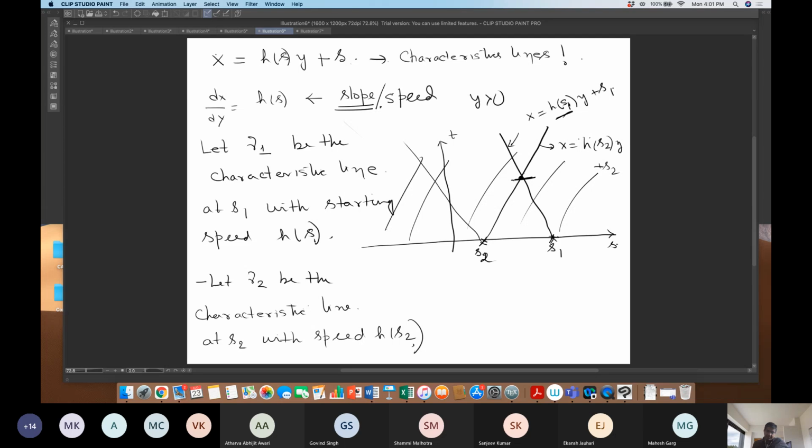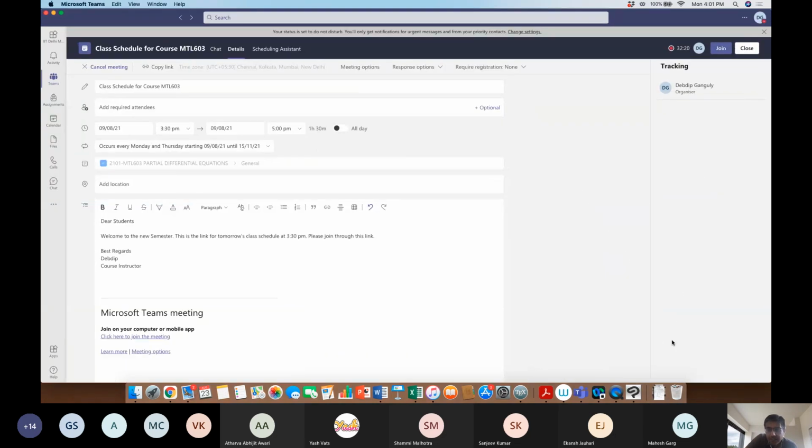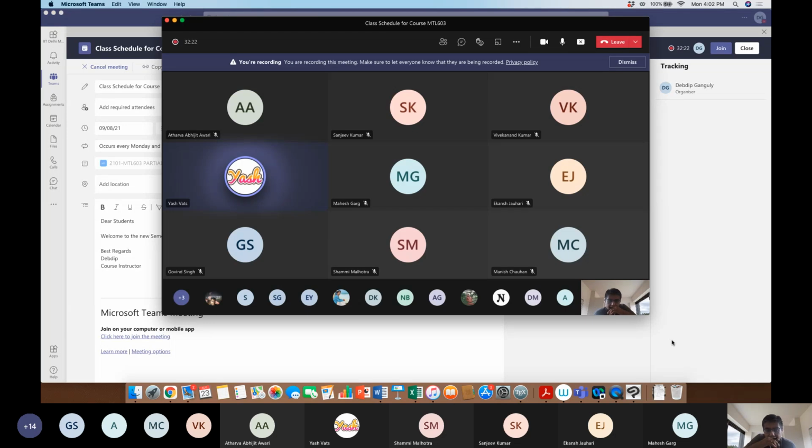We can find the solution value at this intersection point, then it is the same also. If you are able to find the value of the solution at this intersecting point, then it is workable for everyone on these lines.